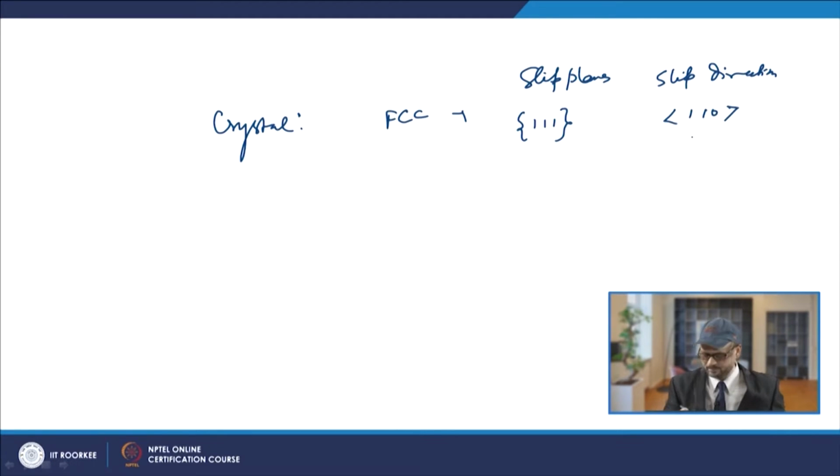That combination of slip plane and slip direction constitutes the slip system. Similarly for the BCC system, 1 1 0 is the slip plane and 1 1 1 is the slip direction.